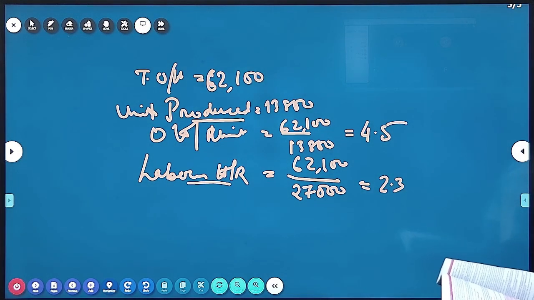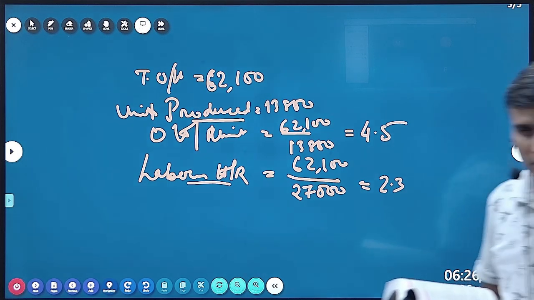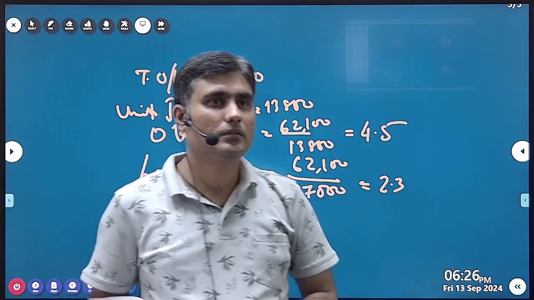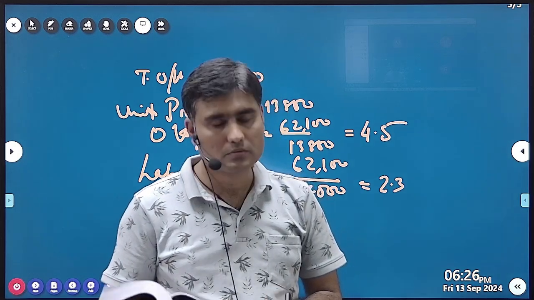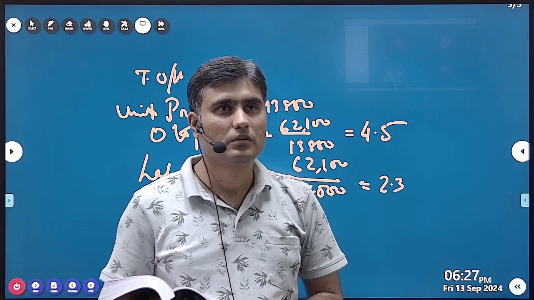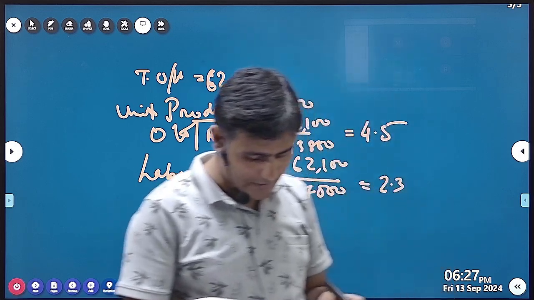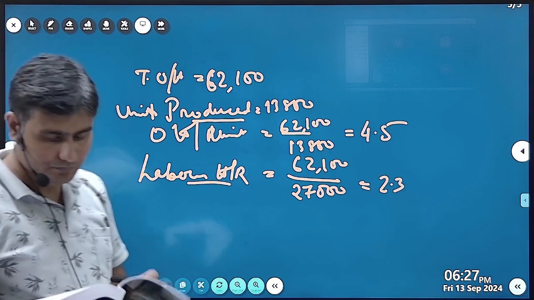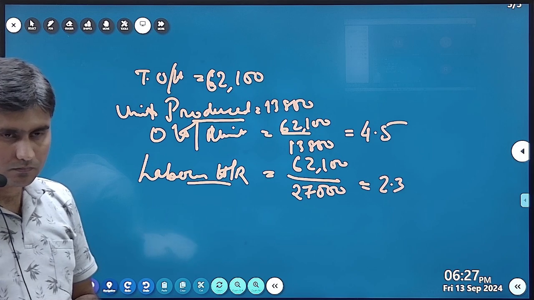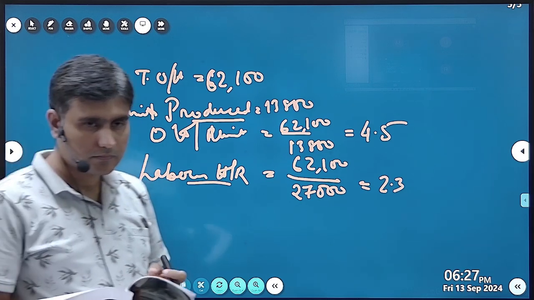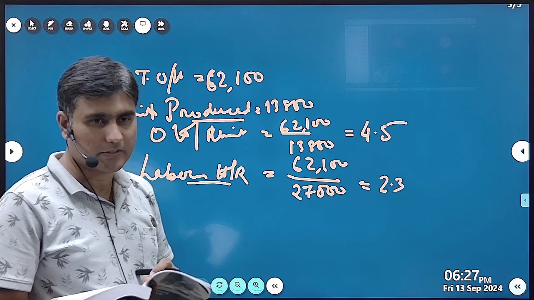Then we are using machine hour. You try to calculate as a percentage of direct wage cost. You calculate in your copies. Don't see the solution, you try to calculate. People online should also calculate based on direct wage cost, the overhead percentage to be allocated. It will come in percentage.